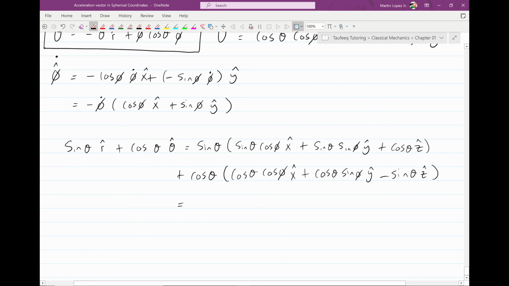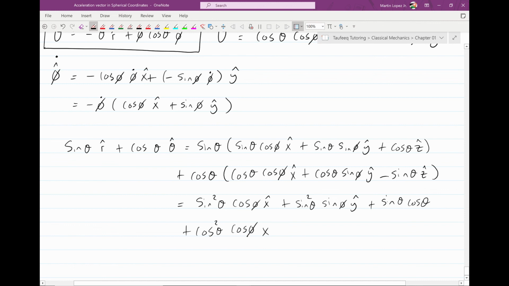Alright, now if we simplify this expression, we will get sine theta squared cosine phi x hat plus sine theta squared sine phi y hat plus sine theta cosine theta.